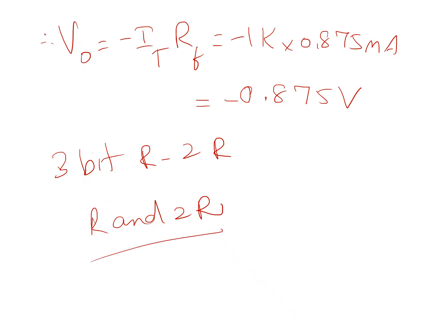The disadvantage is that compared to binary weighted, a lower conversion speed is there in the R to 2R ladder network, but comparing the weightage of the resistors, the R to 2R ladder network shows high precision and more advantages than the binary weighted resistor DAC.